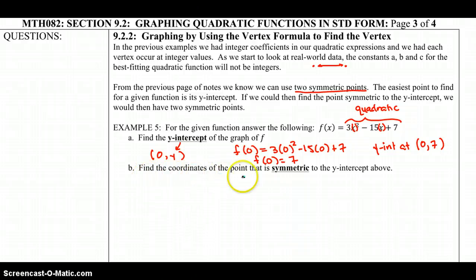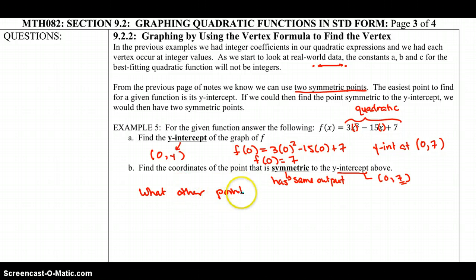Now we want to find the coordinates of the point that is symmetric to the y-intercept. Symmetric means the same output, and the y-intercept we just got was (0, 7), so the same output would be 7. Basically we're being asked what other point on the graph has an output of 7.